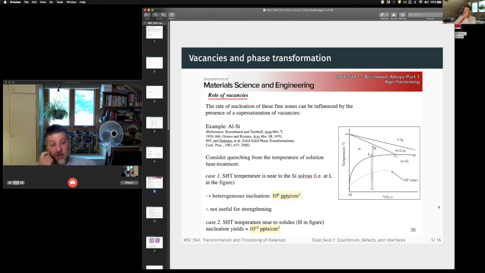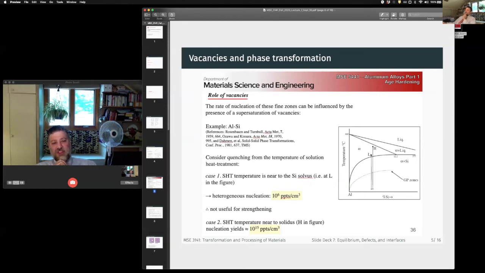So let's go back to what we just talked about, our aluminum copper phase diagram. Here's the curve for GP zones. If I start from a low temperature and I hold in my solid solution region, so in this alpha region, we have a single phase, aluminum copper, everything's nice, no secondary phases.